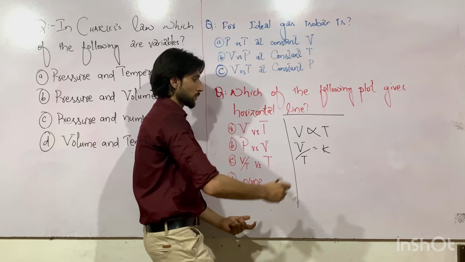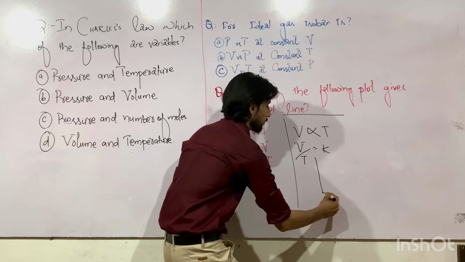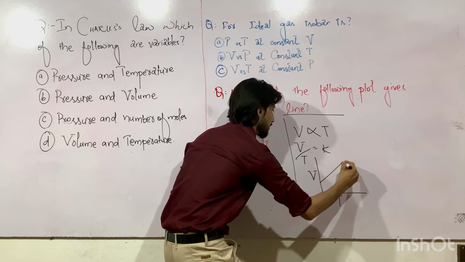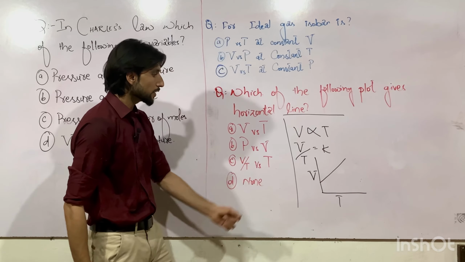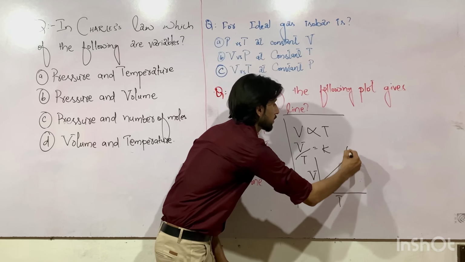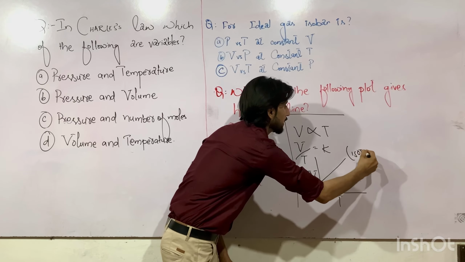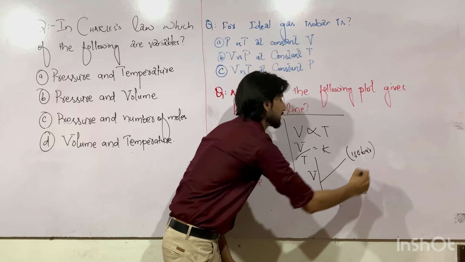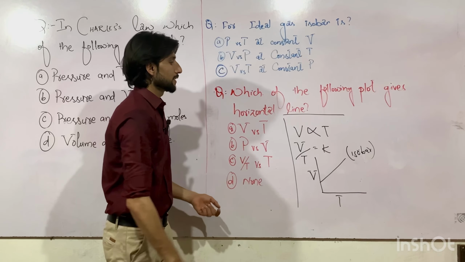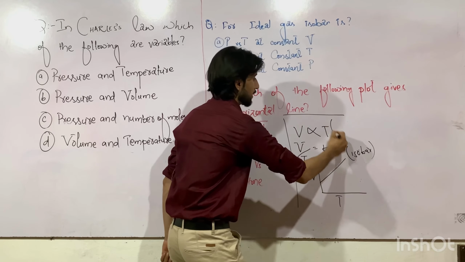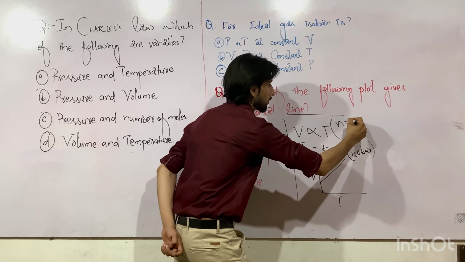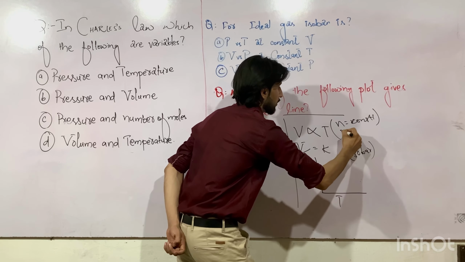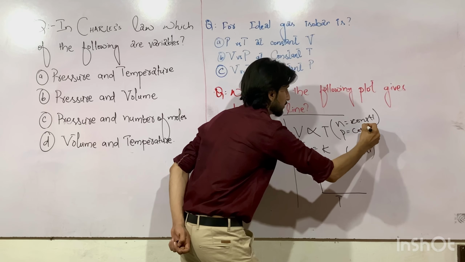So if I were to plot a graph of volume versus temperature, I would get a straight line giving me an isobar. As I said in the postulate of this law, the number of moles must be constant and the pressure of the gas must be constant.